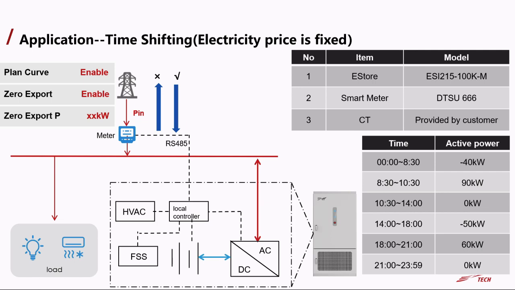If the current direction is from the energy storage system to the grid, that means there is power flowing from the energy storage system to the grid. Then we can limit the energy storage system discharge power until the energy storage power equals the load power. And we also need the local controller to communicate with the smart meter to read the operation data.